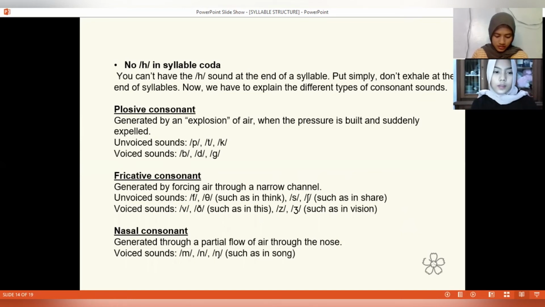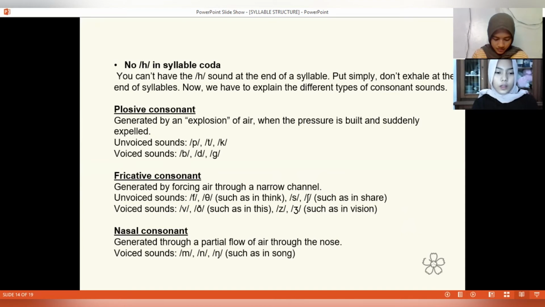Next is plosive consonant, generated by an explosion of air when the pressure is built and suddenly released. Unvoiced sounds are P, T, K. Voiced sounds are B, D, and G. And fricative consonant, generated by forcing air through a narrow channel.